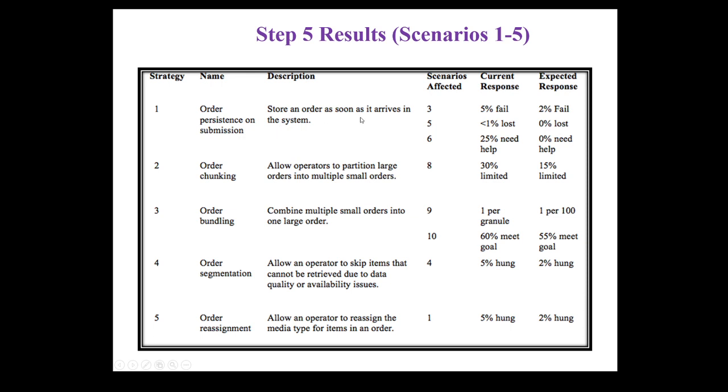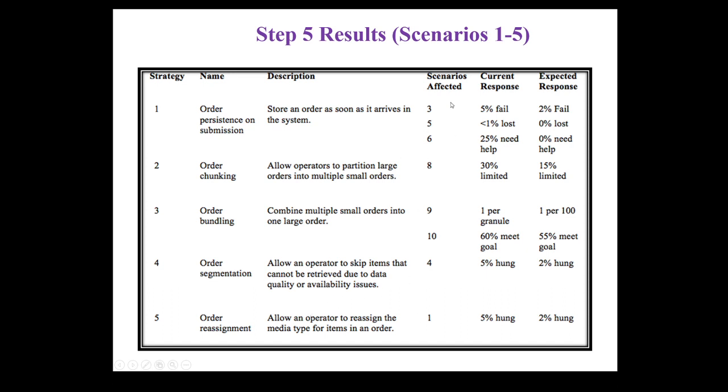So, store an order as soon as it arrives in the system: the affected scenarios will be 3, 5, and 6, based on this order persistence on the submission. Order chunking would be 8, order bundling should be 9, order segmentation can be 4, like that.